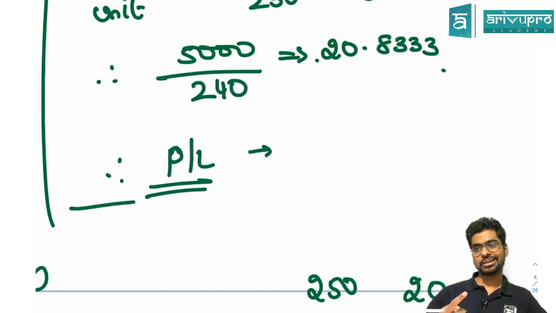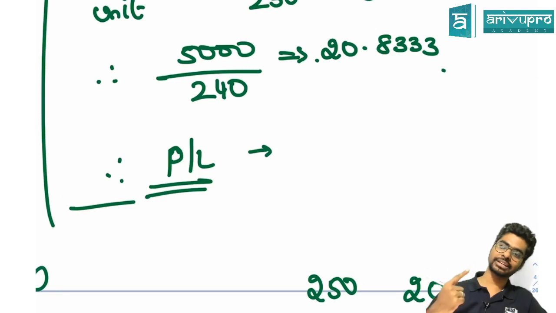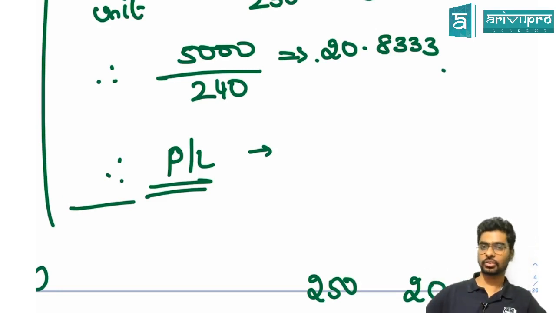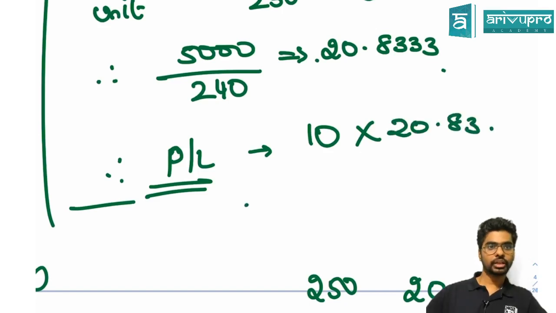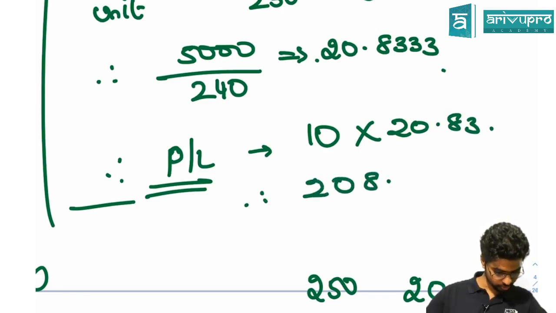Now, next question. What is the amount to be transferred to costing P&L? Whatever the number of units, you will be transferring them at the regular cost. What is my abnormal loss? 10 units. What is my cost per unit? Therefore, how much should you transfer to costing P&L? 208 point.